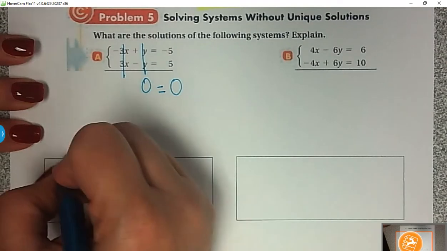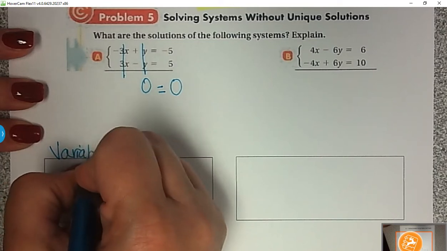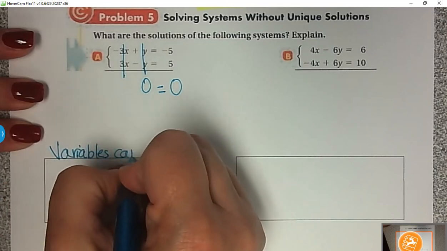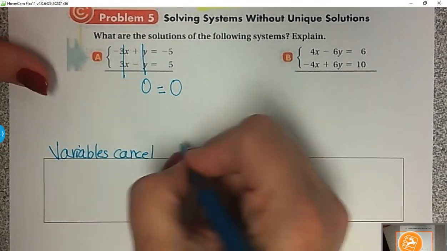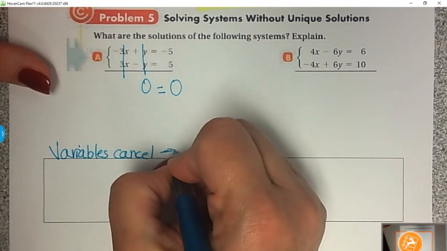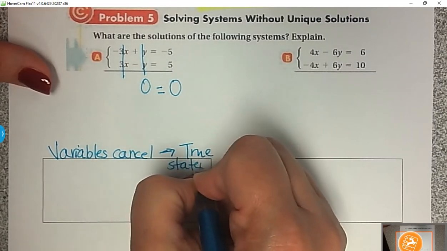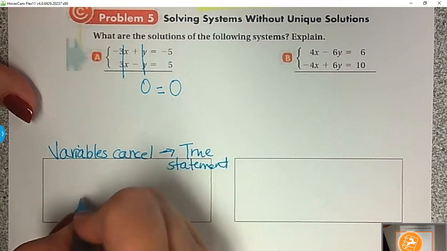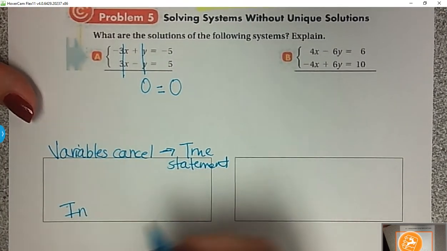Well, in this problem, the variables canceled. And that is a true statement. 0 does equal 0. That means there are infinitely many solutions. It means they actually graph the same line.